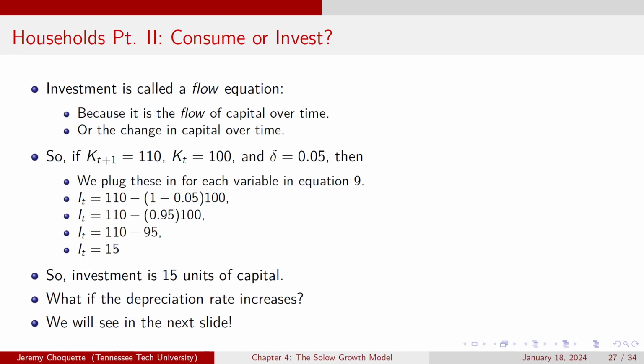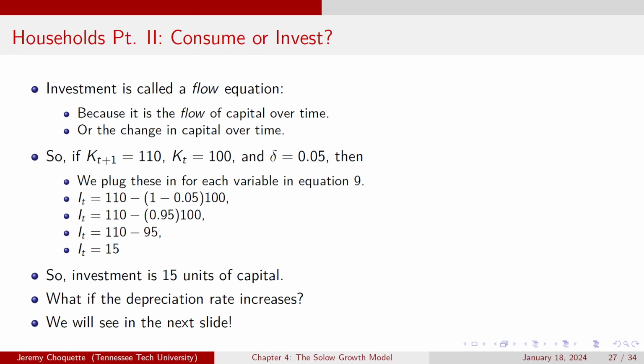You plug them in for each variable in equation 9. You get 110 minus (1 minus 0.05) times 100. Simplify that a little bit: 110 minus 0.95 times 100. 110 minus 95 gives you 15. So investment is 15 units of capital. So 15 units of capital have been added to the capital stock.